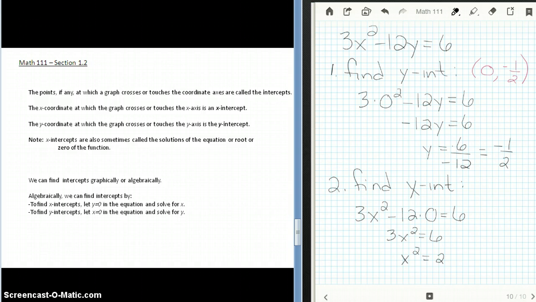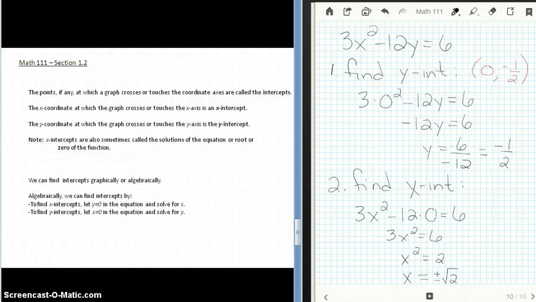And when you have x squared equal 2, what happens? You get 2 answers when you do a square root, right? If x squared equals 2, then x has to equal what? Plus or minus the square root of 2. Okay, that's interesting. We get 2 answers.